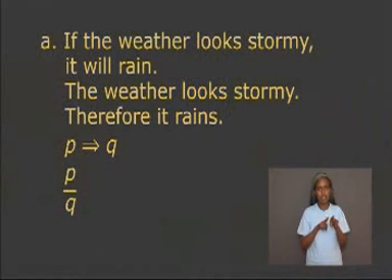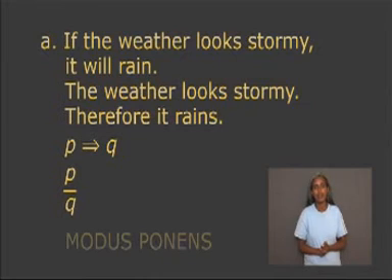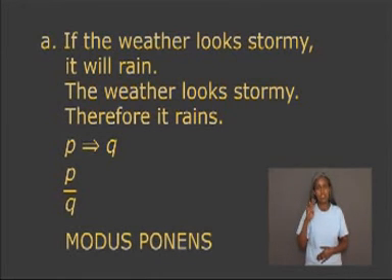Hello again, students. The first argument states that whenever the implication, if P, then Q, is true, and the hypothesis P is true, then Q is also true. We apply the 4th rule, modus ponens.